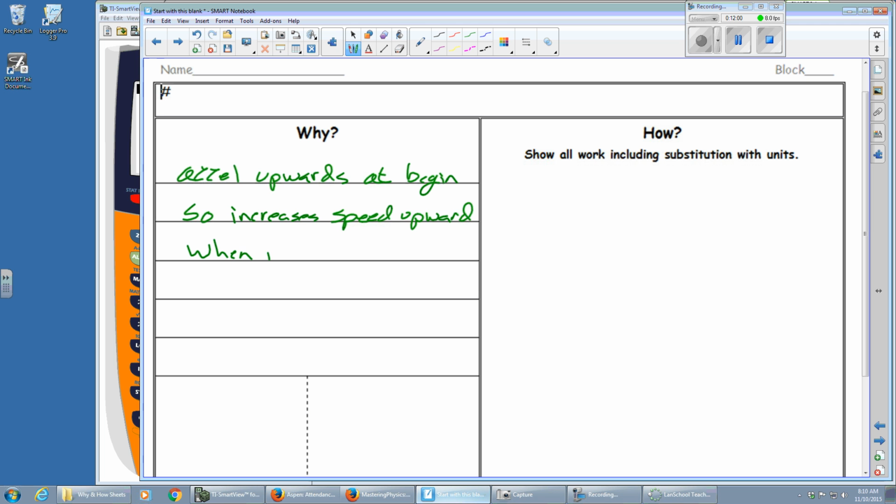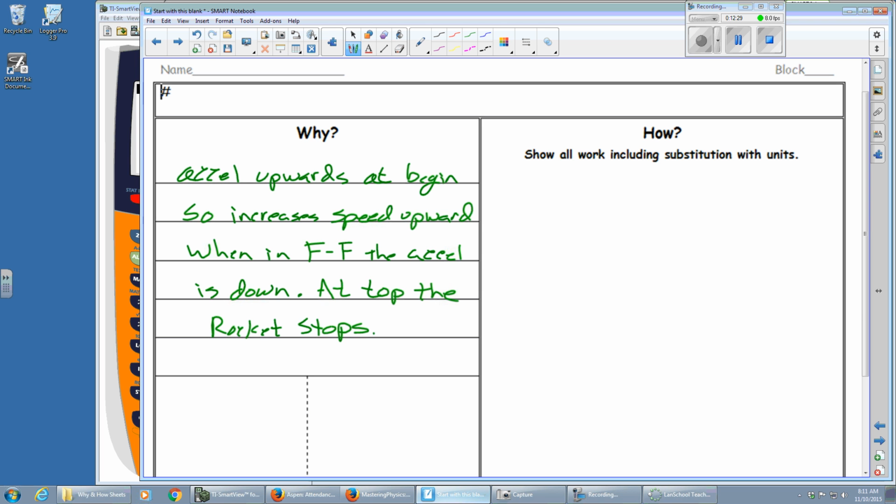Maybe when in free fall, the acceleration is down, and then maybe at top, the rocket stops.